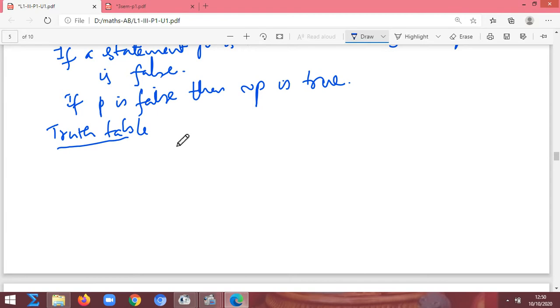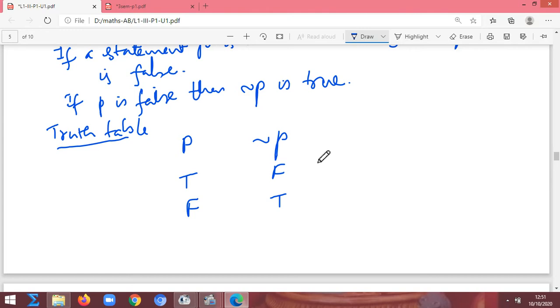Truth table as follows. Here we have the p value and the negation of p. If p is true, then according to the above statement, the negation of p is false. If p is false, then the negation of p is true.